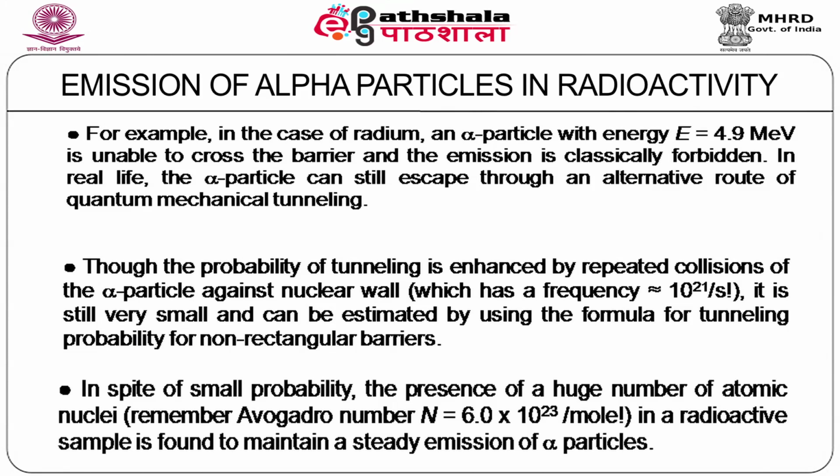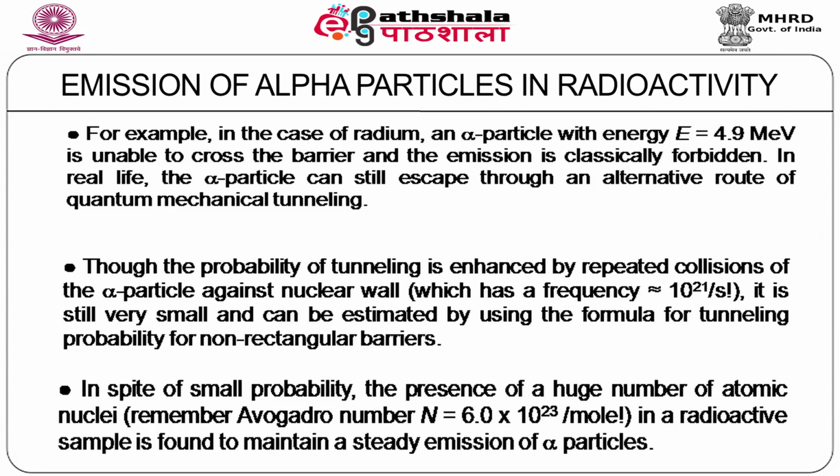Now, in spite of a small probability, the presence of a huge number of atomic nuclei in a radioactive sample is found to maintain a steady emission of alpha particles. The probability of tunneling is very small, but in spite of that, in real life, we find that a steady emission of alpha particles is maintained by a radioactive source. Now, why is it so?